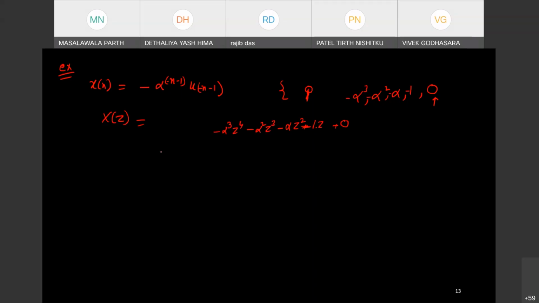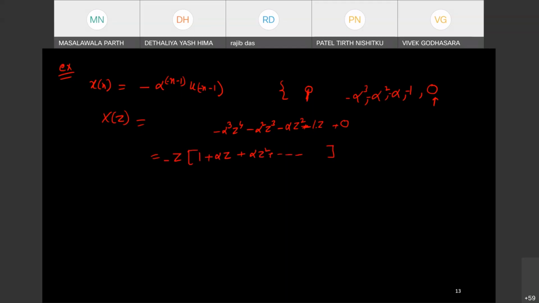If I take common this z, then what you will get? Minus z times 1 plus alpha z plus alpha z square, like that.